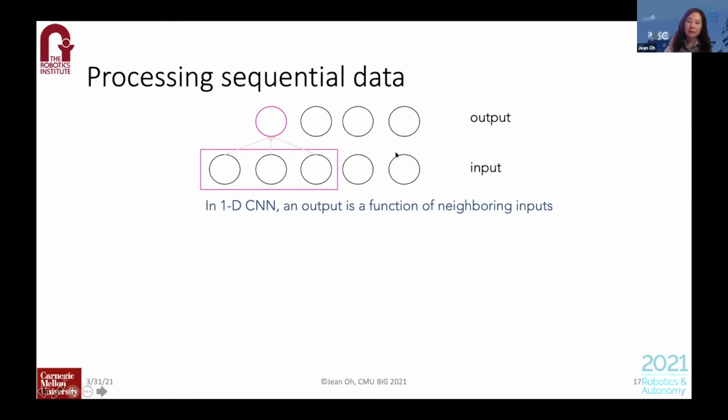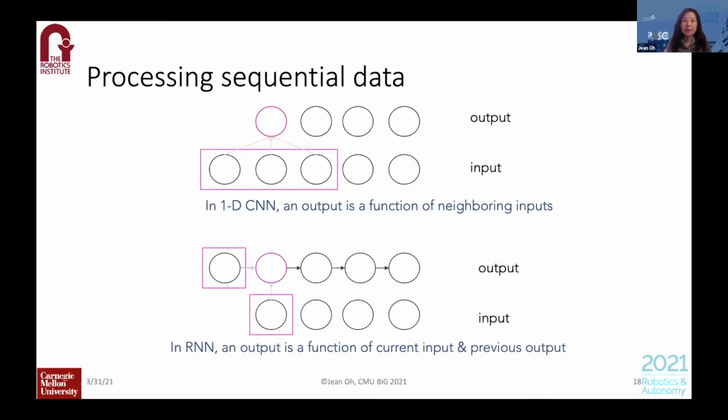The output will be represented as a function of neighboring inputs in this 1D CNN. So something like this, okay? And then in the RNN case, the input is sequential and the output will be generated using the sequential input and the previous prediction. So it just illustrates the difference.